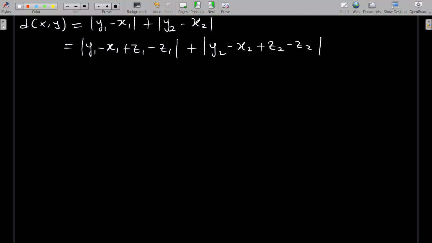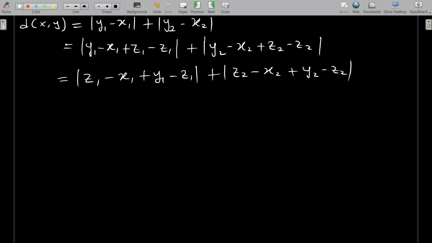Now if I want to regroup them, this is the same as z1 minus x1, plus y1 minus z1, and plus z2 minus x2, plus y2 minus z2, with absolutes on them, so you have to apply them here.